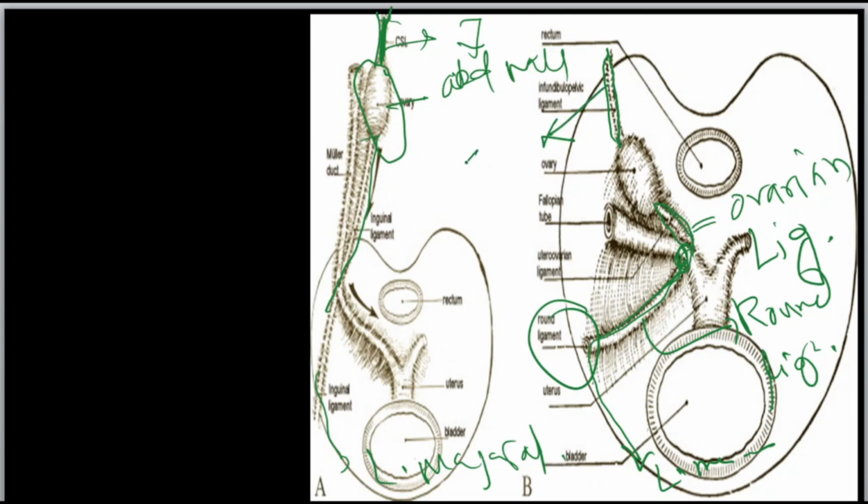This is known as suspensory ligament or infundibulopelvic ligament. This is all about the development of female reproductive organ.